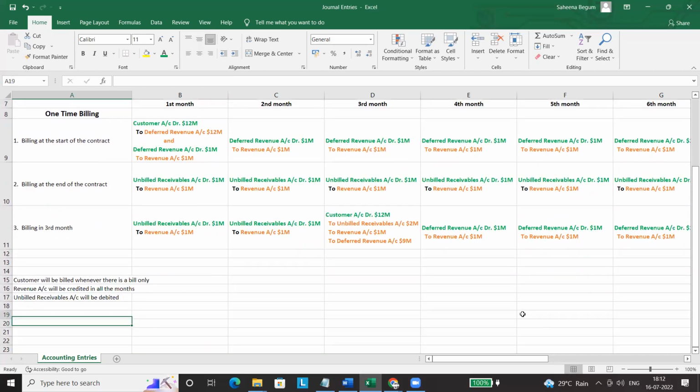And whenever you have a billing excess over our actual revenue recognition till that time, that will go to deferred revenue. Deferred revenue means we are deferring our excess revenue; these are different words used. So whenever there is a billing amount over our recognition amount, that will go to the deferred revenue account.